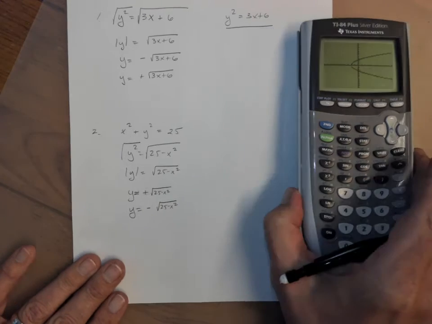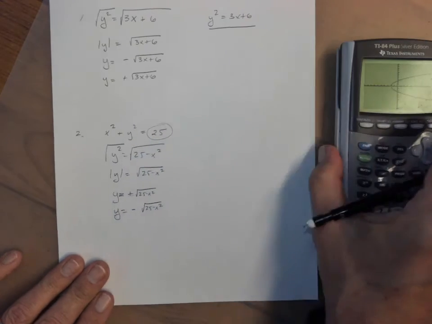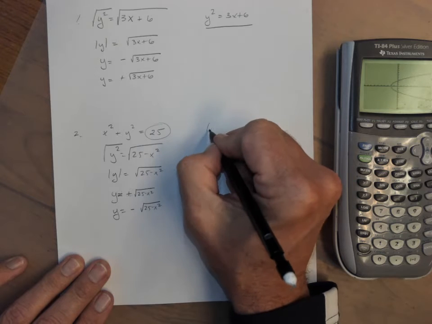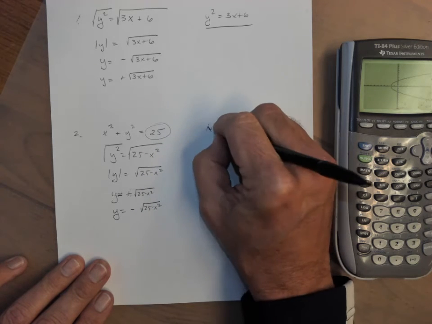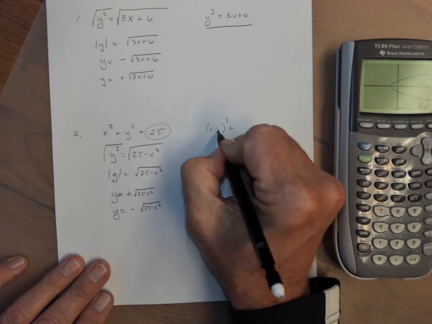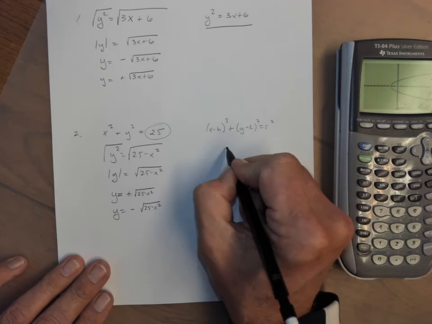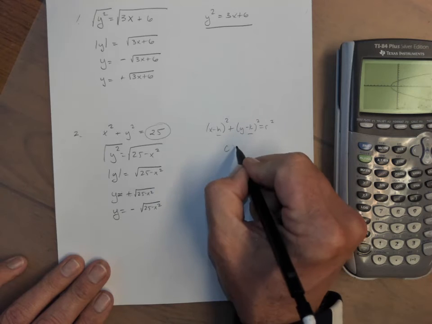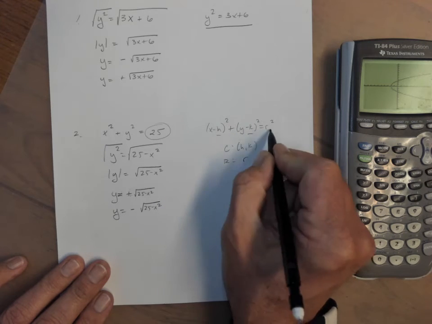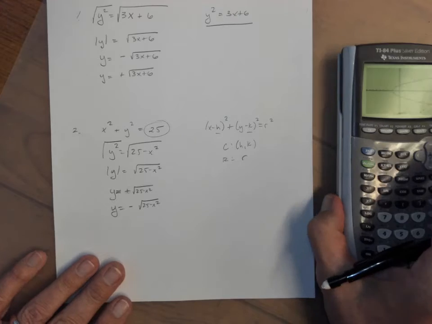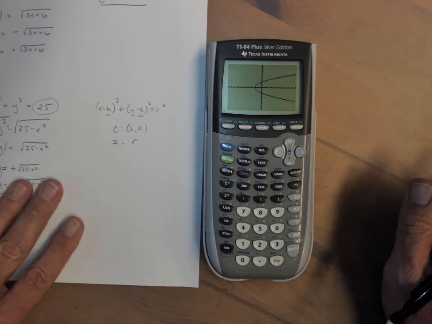So there's our circle. It has a radius of 5 because in the standard equation, x minus h squared plus y minus k squared equals r squared, the center is at (h, k) and the radius is r. That's r squared, so the square root of that is our radius.